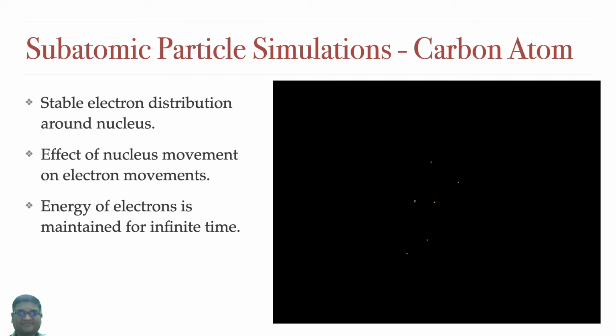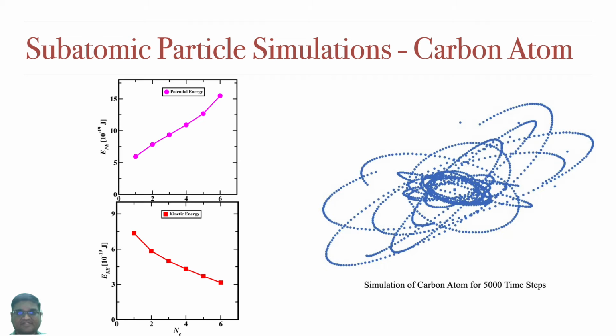The energies of the electrons were studied, and here is how it looks. This is the electron density map for a carbon atom for 5000 time steps. The center is the nucleus; we cannot see the protons and neutrons here, but we can see the electron distribution around the nucleus, the core electrons and the valence electrons.